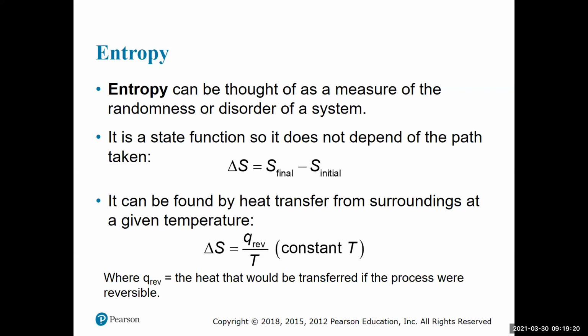And remember that small q is a heat term, and that's the heat that would be transferred if the process were reversible. So for that constant, we're saying what would the heat transfer be if it was reversible? So once again, this is where the enthalpy stuff comes in. We're concerned about how heat flow impacts things.